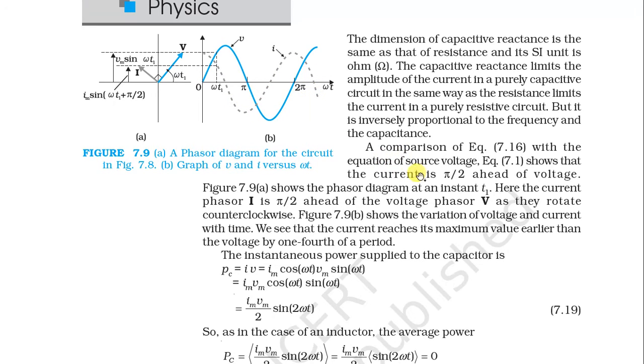So the current is pi by 2 ahead of voltage, and the phase diagram shows this at an instant of time t1.